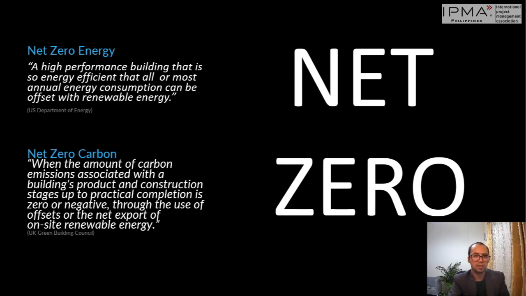The NZEB or net zero energy definition for buildings is more focused on the operational carbon, that is, the total energy consumed by the building must come from renewable energy sources, either on-site or off-site, while the net zero carbon accounts for both the embodied carbon of the materials as well as the operational carbon of the building. So we will discuss these two later in our presentation.